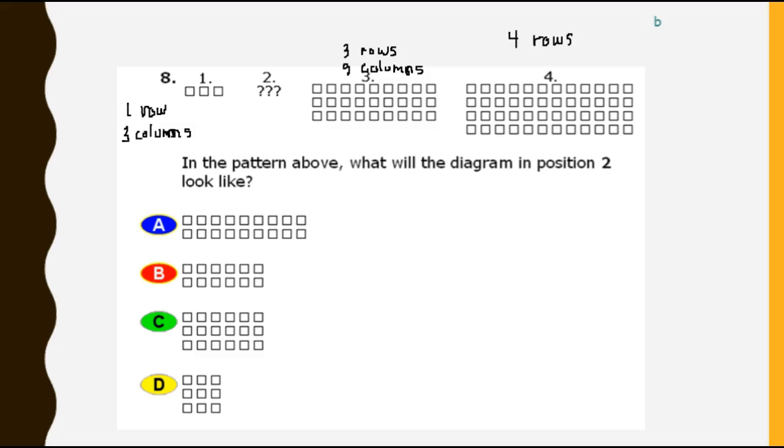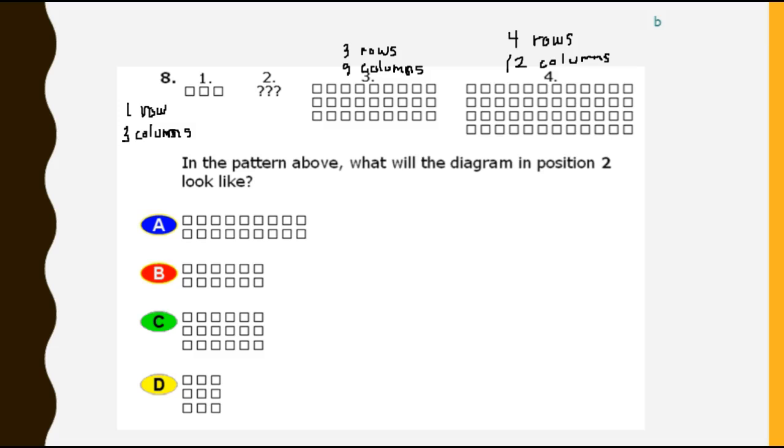Oh, I see one pattern there. And then it has 1, 2, 3, 4, 5, 6, 7, 8, 9, 10, 11, 12 columns. Okay, so let's take a look at what we have. It looks like the rows are increasing by 1.